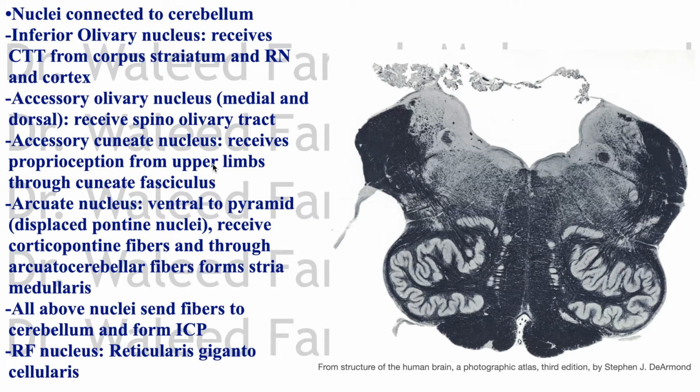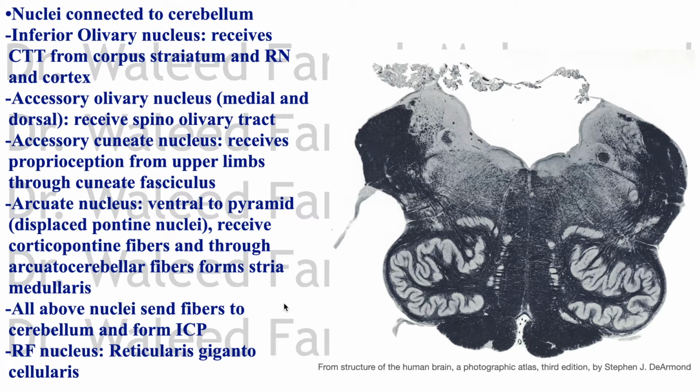Also, the accessory cuneate nucleus, we saw it in a previous section, receives proprioception from the upper limbs through the cuneate fasciculus. The arcuate nucleus is ventral to the pyramid. This is part of it, the arcuate nucleus, ventral to the pyramid, and it's considered as displaced pontine nuclei from the pons above.